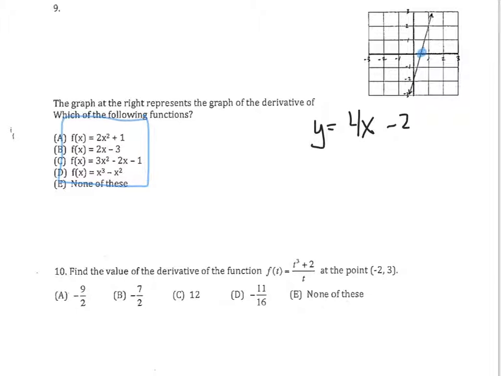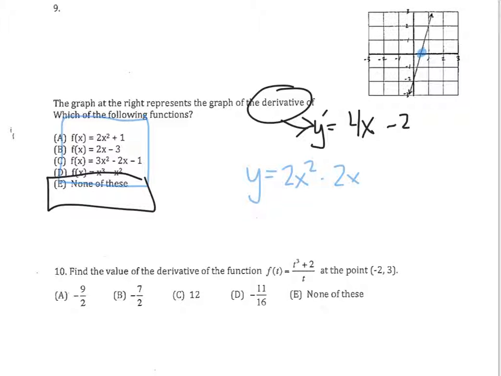It's got to be something like the original function would have to be 2x squared minus 2x, something like that, plus some number. Also, I should have designated that this equation y equals 4x minus 2 is the first derivative. Just kind of getting that habit. That was the derivative, we want to denote it properly. But anyway, the answer is not there. This would have been a viable answer, but that was not possible.